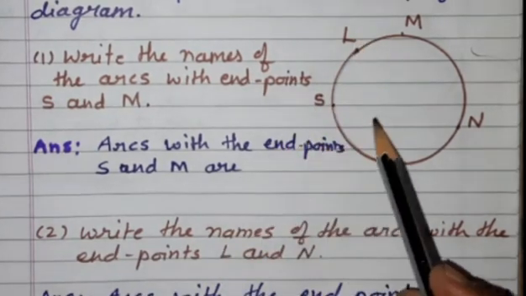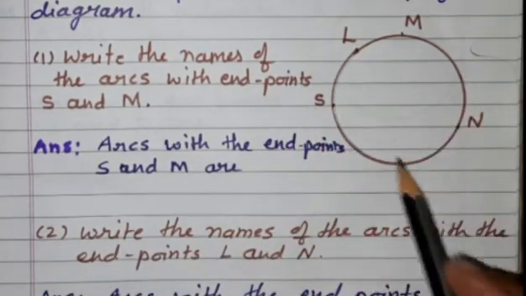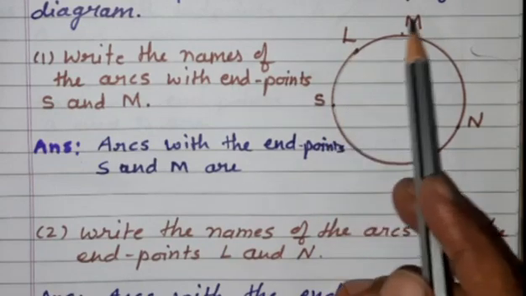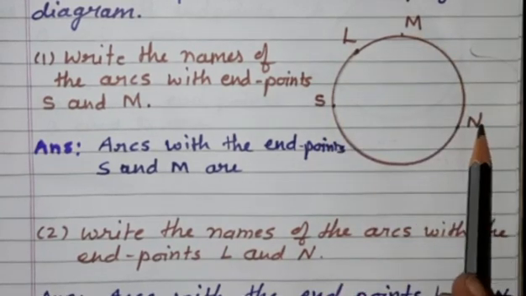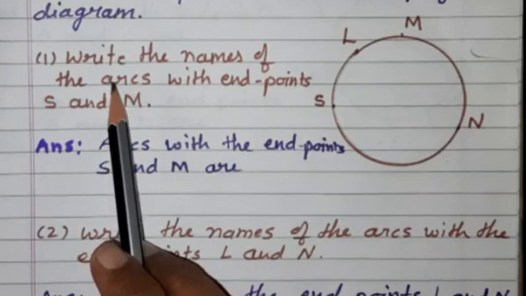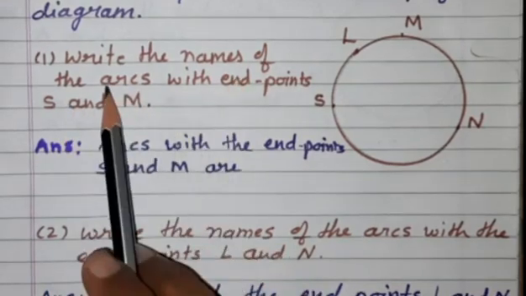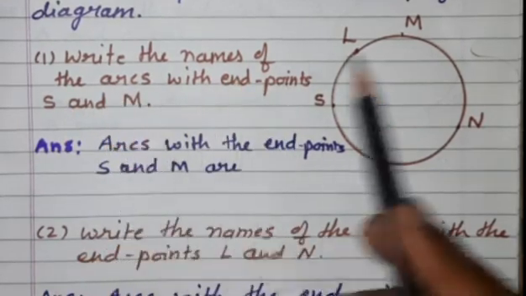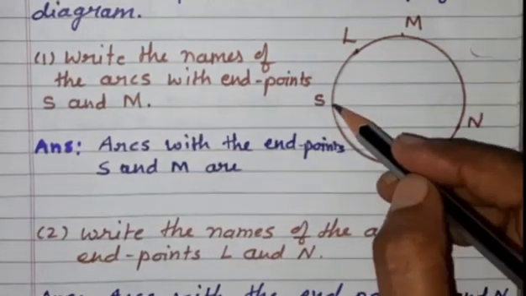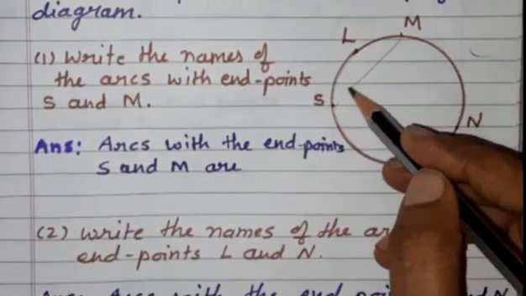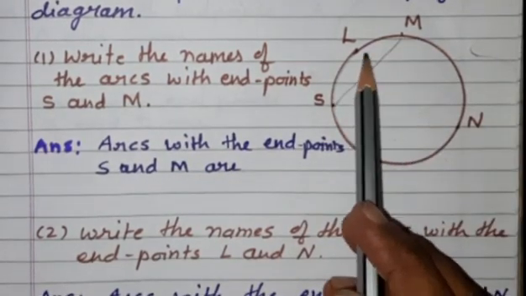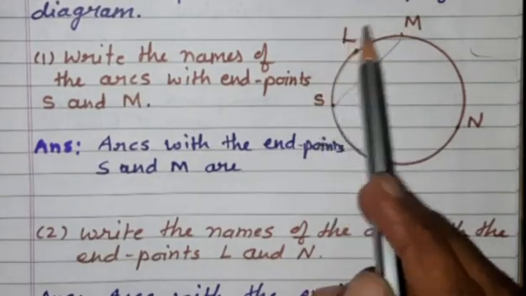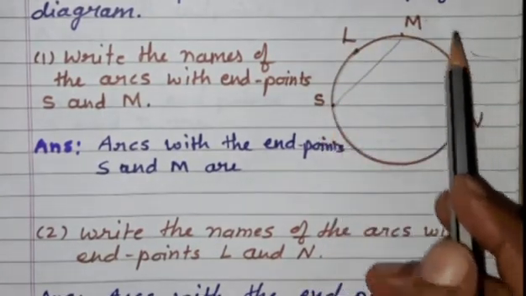Now in this question, this is the circle and points are S, L, M and N. In the first one, we write the names of the arcs with the endpoints S and M. It means endpoints are S and M. Now, the two arcs are SLM and SNM.